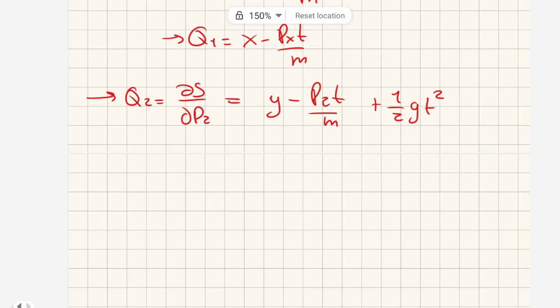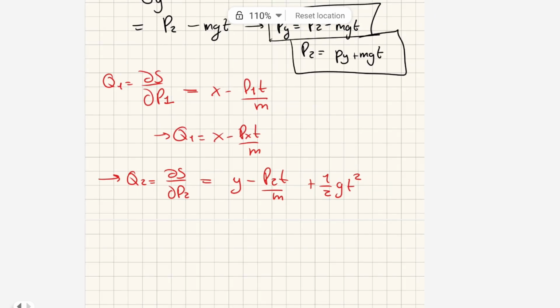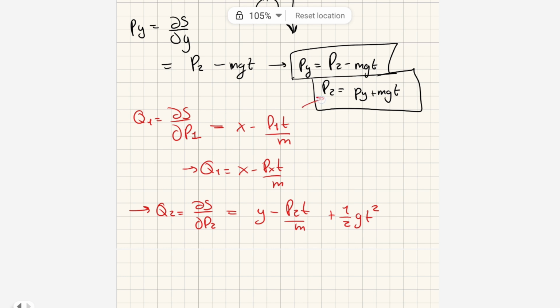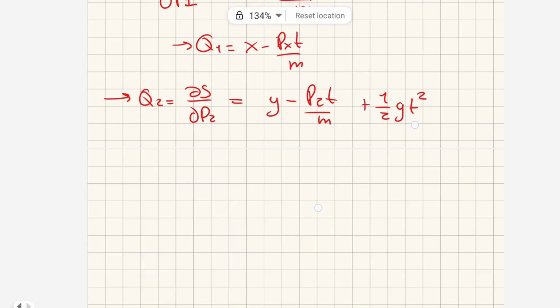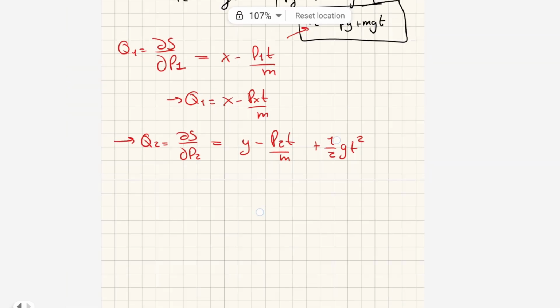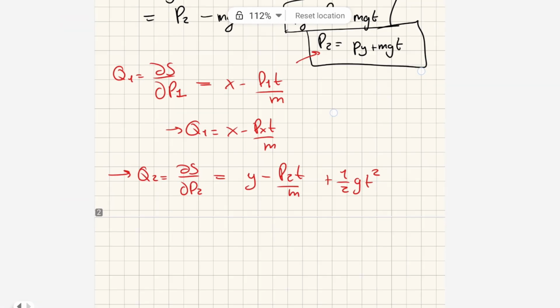This is what we find for q2, and with this we have already completed the canonical transformation because we already have what is p2, p1, q1, and q2. Okay, but we still need to express q2 in terms of the little variables, because here we have an upper p2, right? So we need to change that. So p2 is equal to this, py plus mgt.